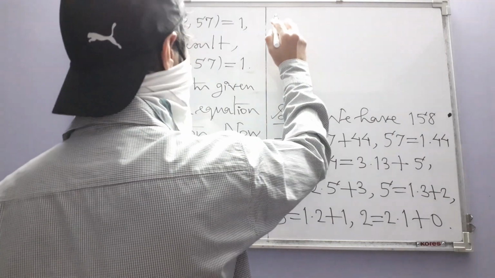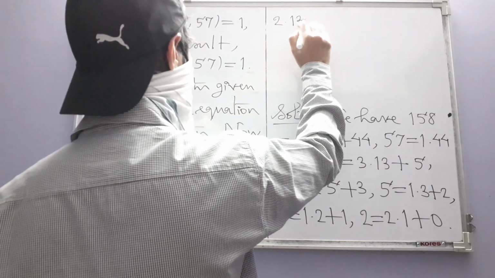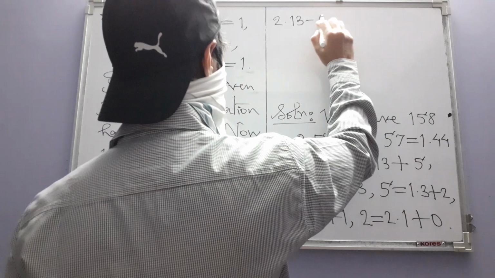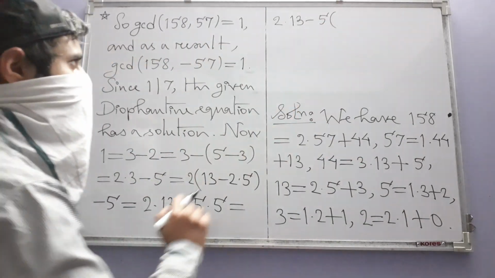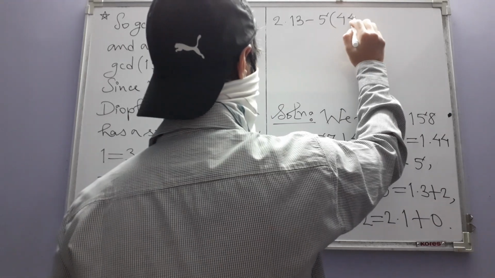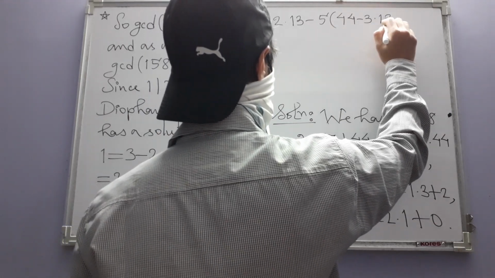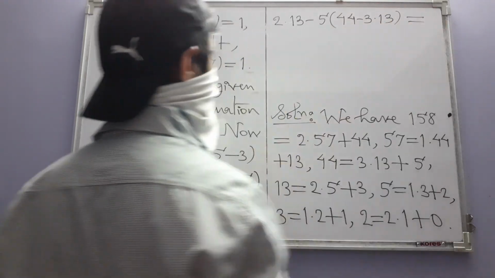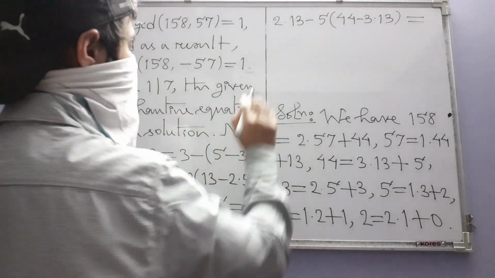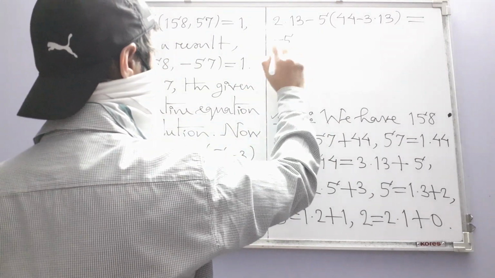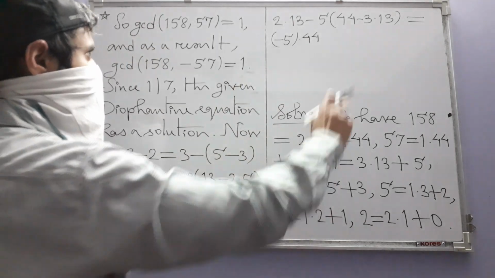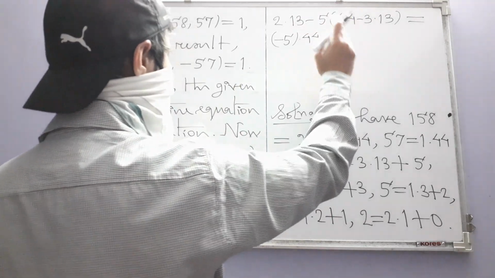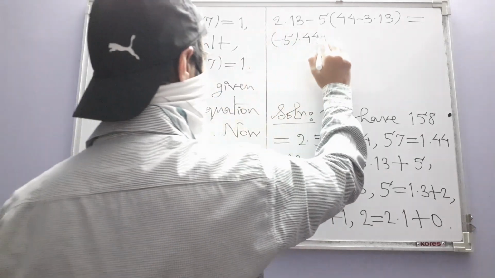So this is 2 times 13 minus 5 times (44 minus 3 times 13). So that gives me minus 5 times 44, and minus 5 times minus 3 is 15, plus 2, 17.